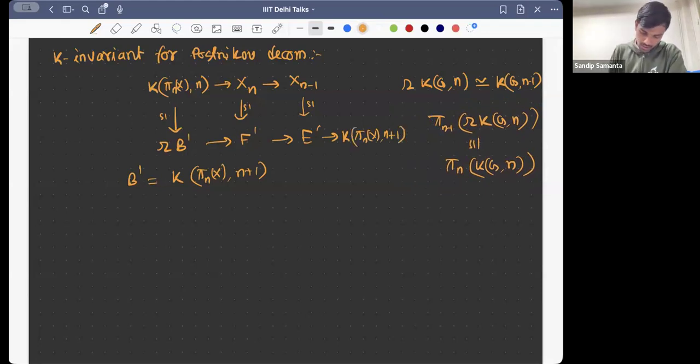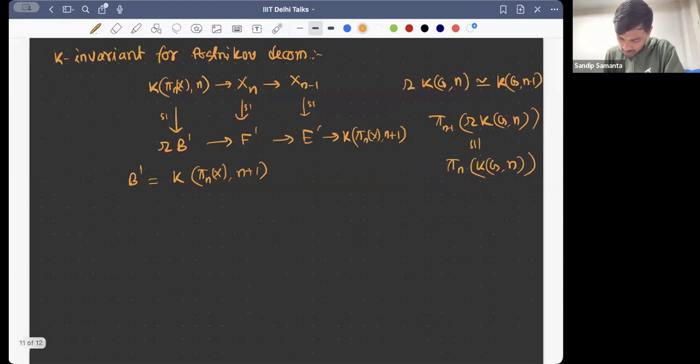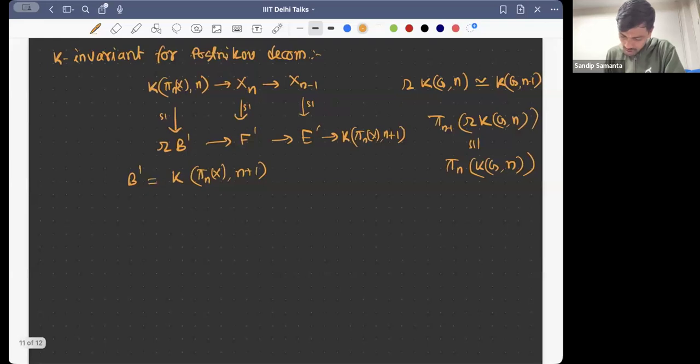So we have a map from X n minus 1, composing this fibration map, to K(pi n X, n plus 1).